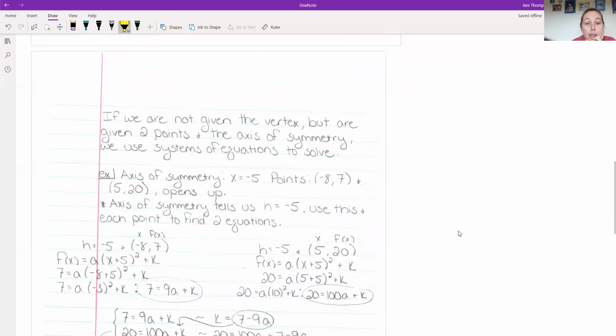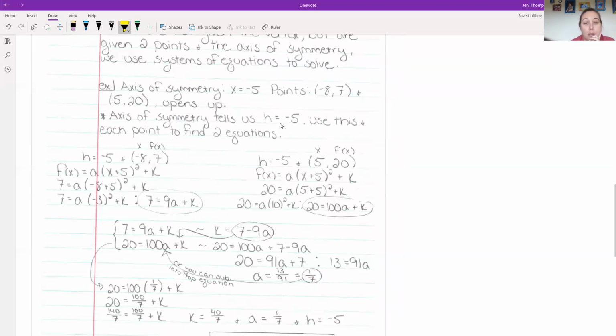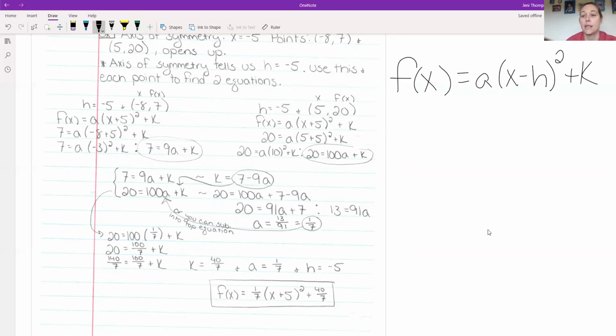Another way to write these equations, if we're not given the vertex but are given 2 points and the axis of symmetry, then we can solve using systems of equations. Right? So remember that our quadratic function equation is f of X equals A times x minus h squared plus k.